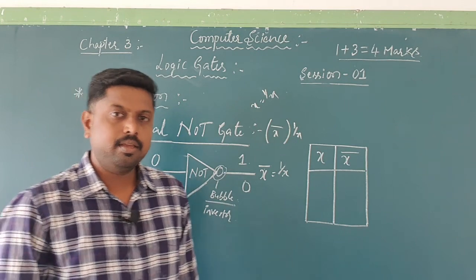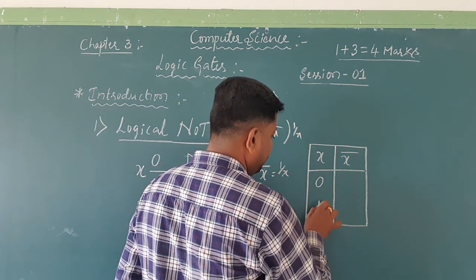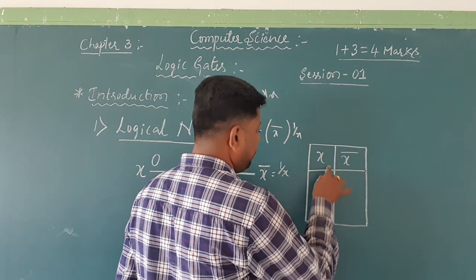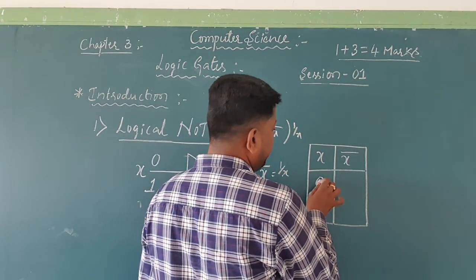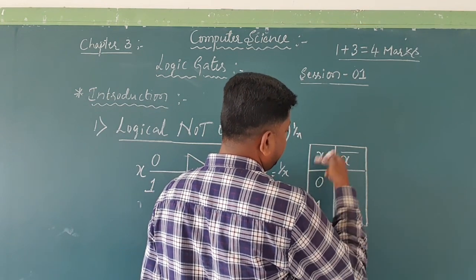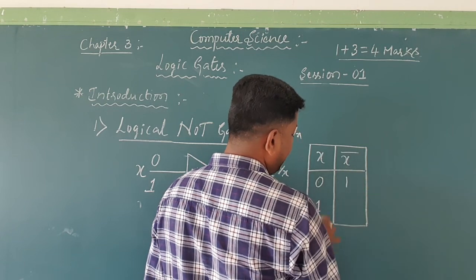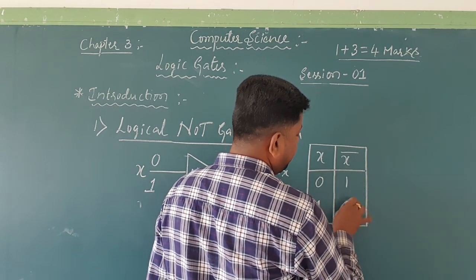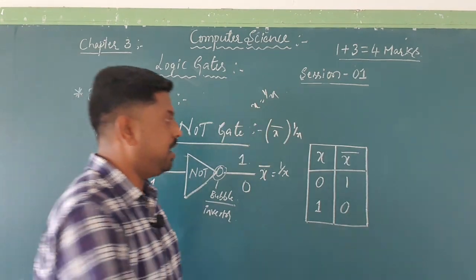So 0 and 1 are the two possible combinations for a single input. If it is 0 as an input, x bar converts into its complement, that means 1. If it is 1 as an input, that is 0 only. Its complemented value.